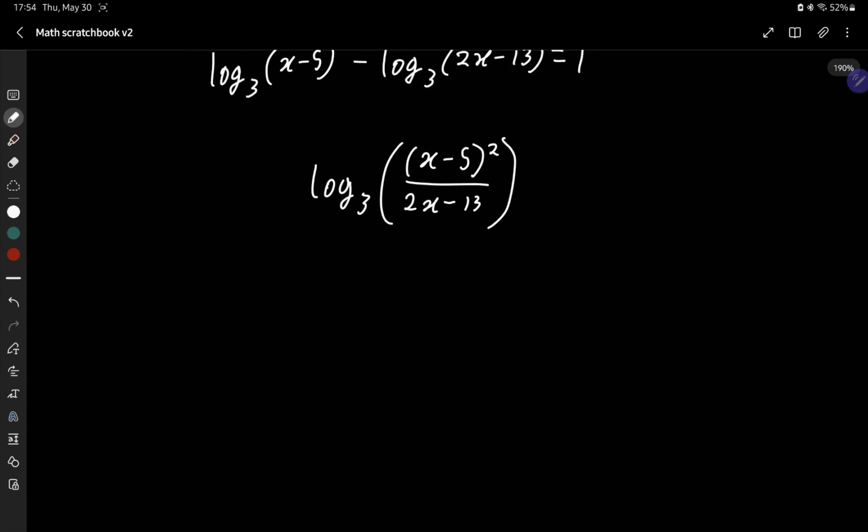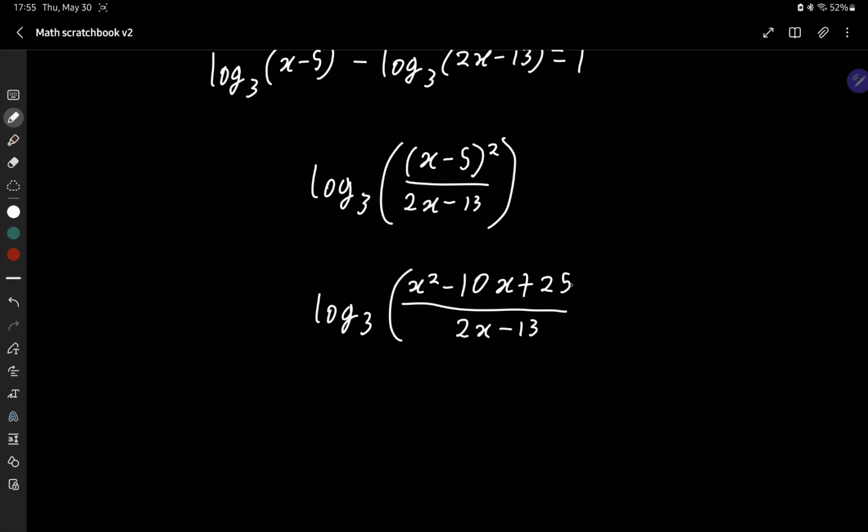To make life simpler, you just expand and simplify that. So log 3 x squared minus 10x plus 25 all over 2x minus 13.